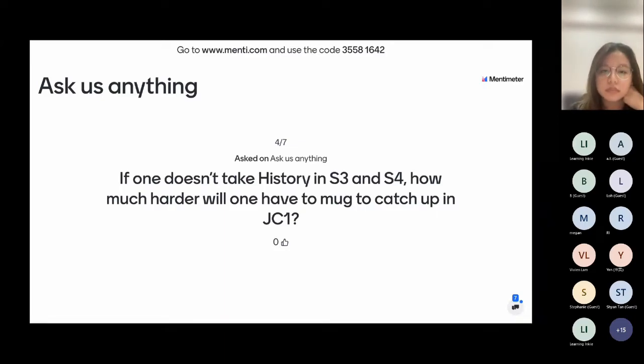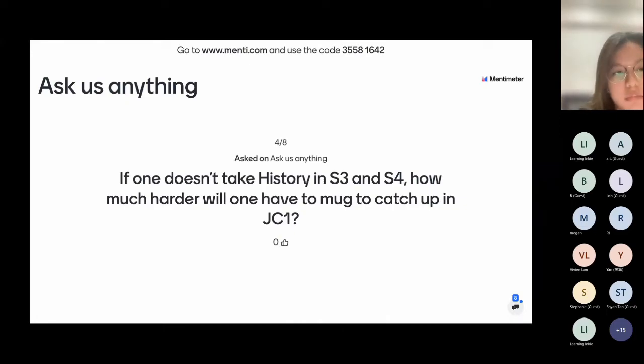But beyond that, topics like economic development and ASEAN were not covered in secondary 3 and secondary 4. So content knowledge wise, there was not really any advantage for me. In terms of essay writing, I don't think there was any advantage either.